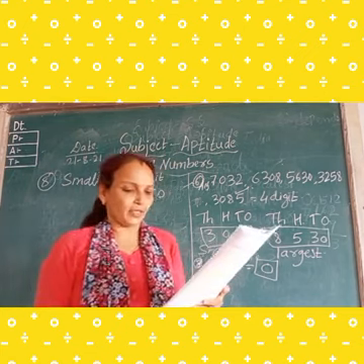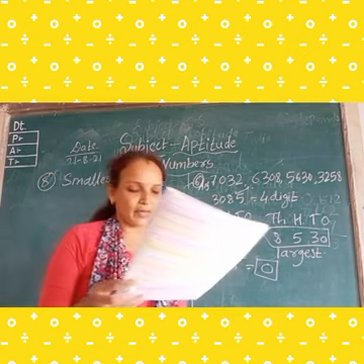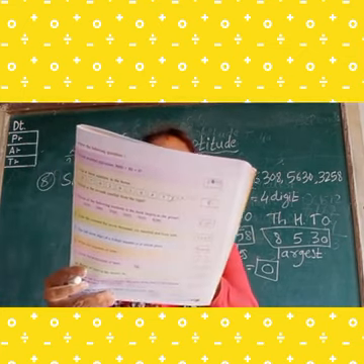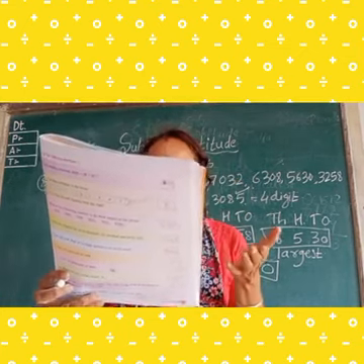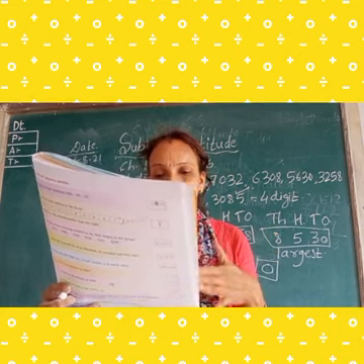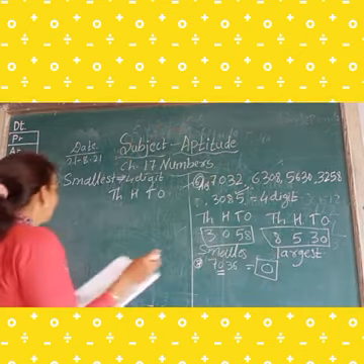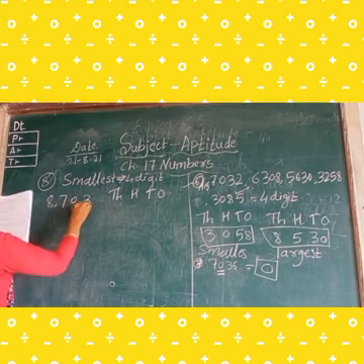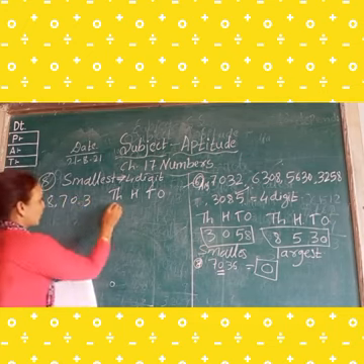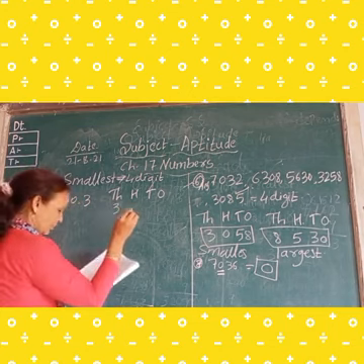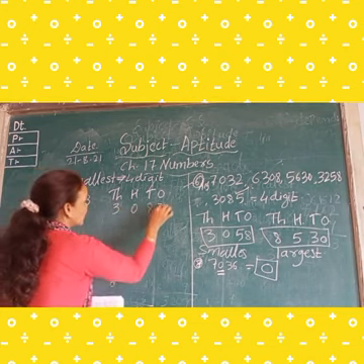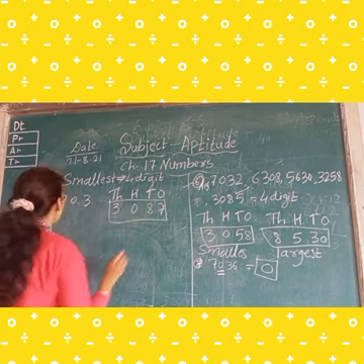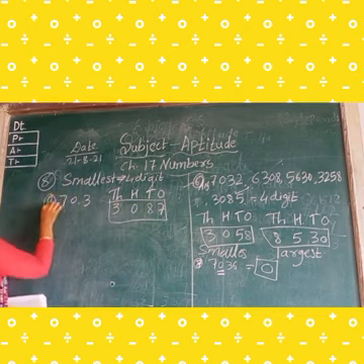The odd number is 3 here, so we use the odd number at the end. Our answer is 3087.